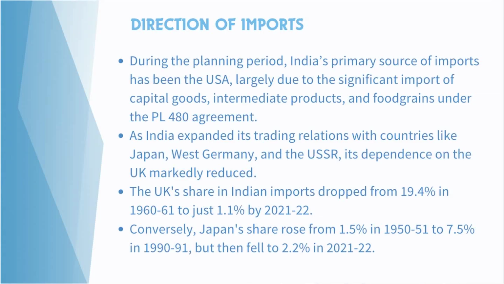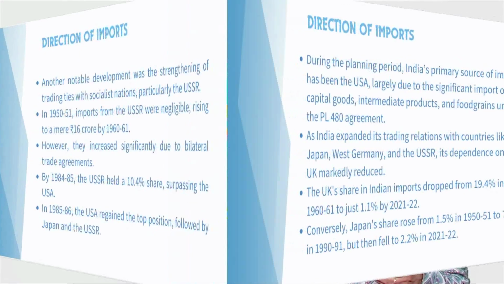The UK share in Indian imports dropped from 19.4% in 1960-61 to just 1.1% by 2021-22. Conversely, Japan's share rose from 1.5% in 1950-51 to 7.5% in 1991, but then fell to 2.2% in 2021-22.